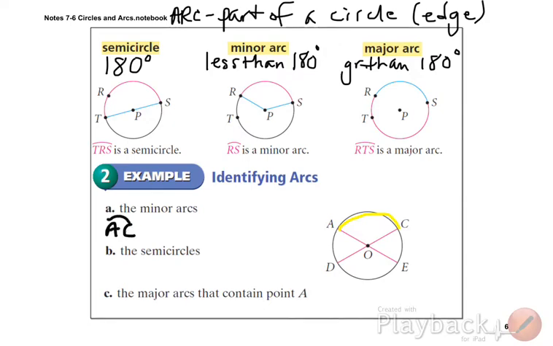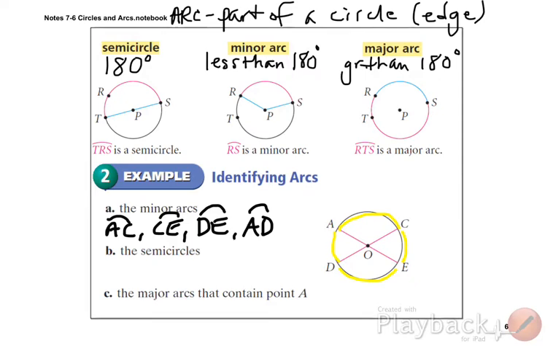We have arc CE. We have arc DE. It looks like there's one more, arc AD. Those are all arcs that are less than a half circle.